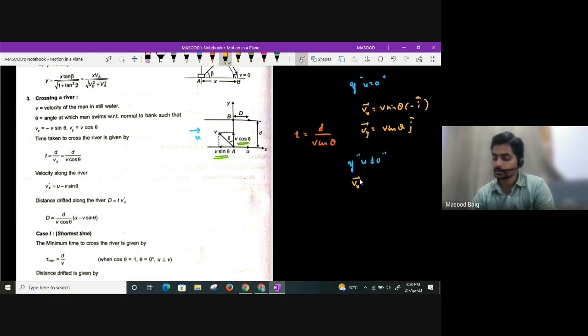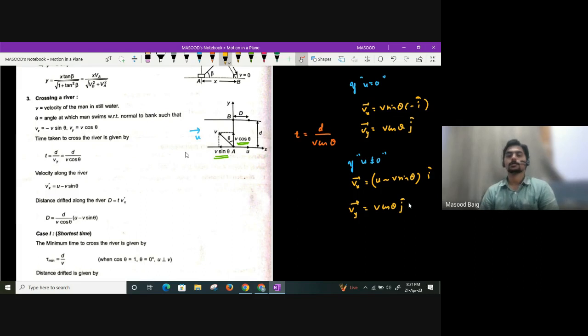So I'll write the x component of velocity as u minus v sin theta in the i cap direction, because it now has u as well as v sin theta, both in opposite directions. The vertical component still remains v cos theta only. Which component is responsible for the man crossing the river? v cos theta. How much vertical displacement does it have to cover? d. So the very important formula: time of crossing is d divided by v cos theta.